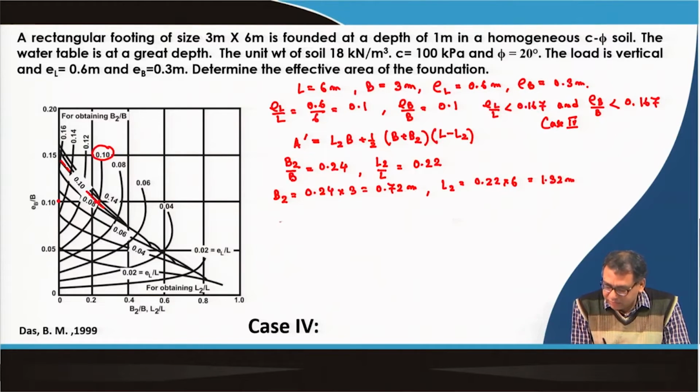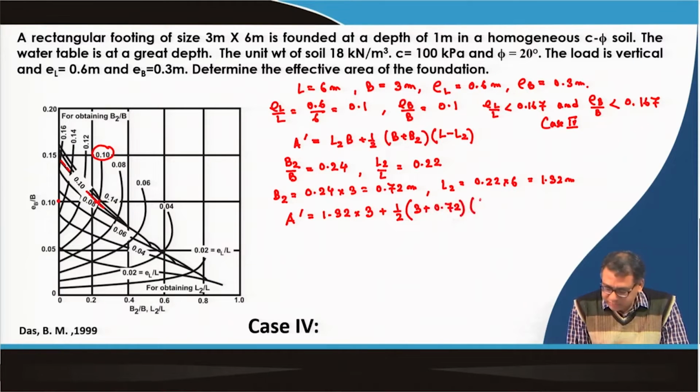And now, I can calculate the A dash, which is L2, 1.32, into B, 3, plus half into 3 plus B2, 0.72, into 6 minus 1.32. So, that effective area is 12.7 meter square.